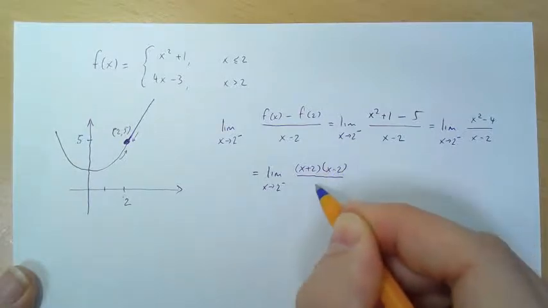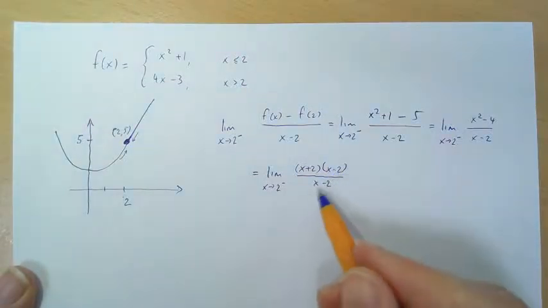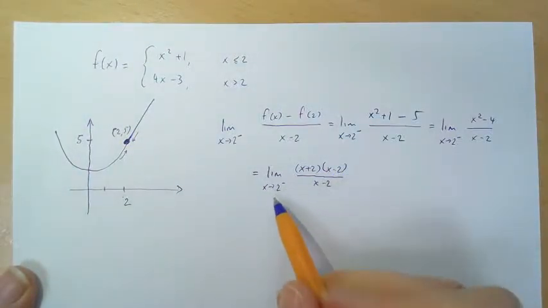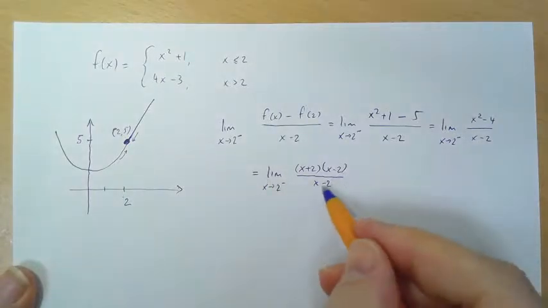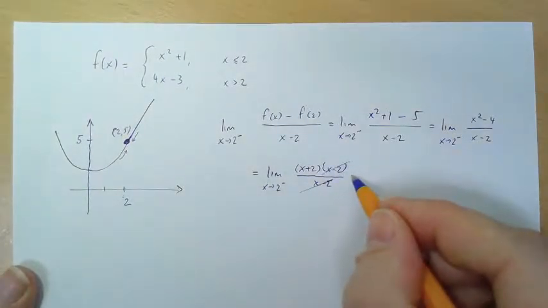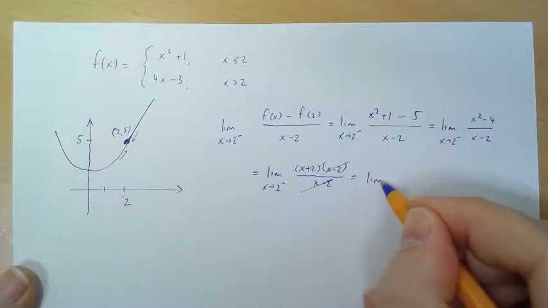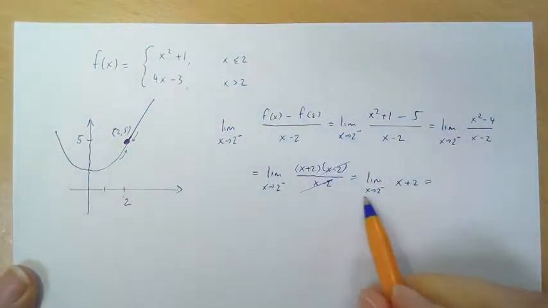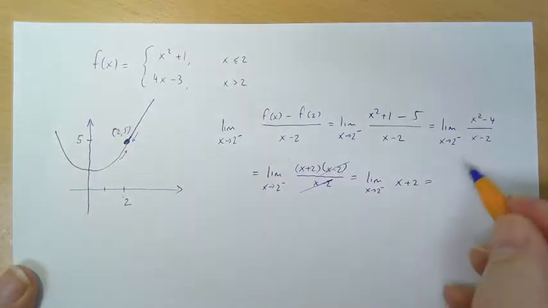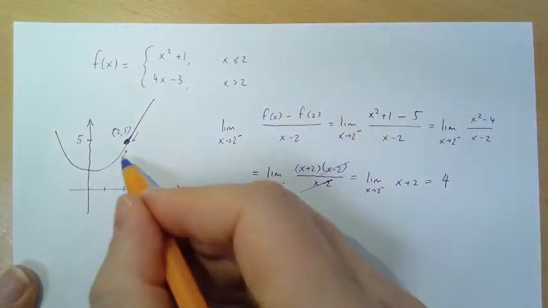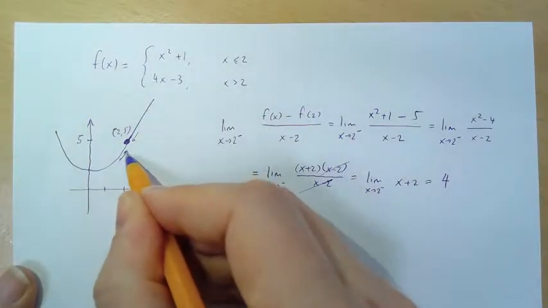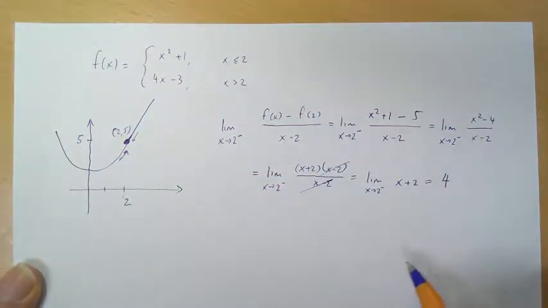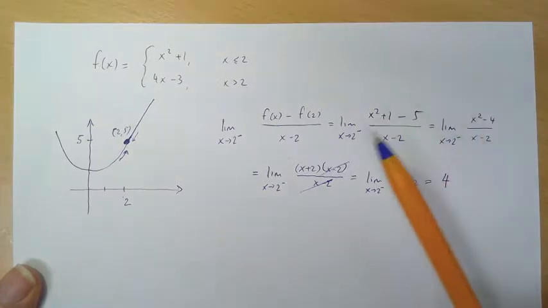which is wonderful because this fraction was my problem. I could not plug in x equals 2 because it was creating a division by 0. Right now I can plug in x equals 2, so I get 4. So the slope when I approach from the left is equal to 4. If you remember lines, we know the slope of a line.